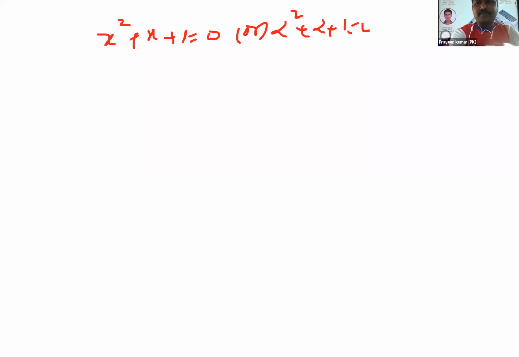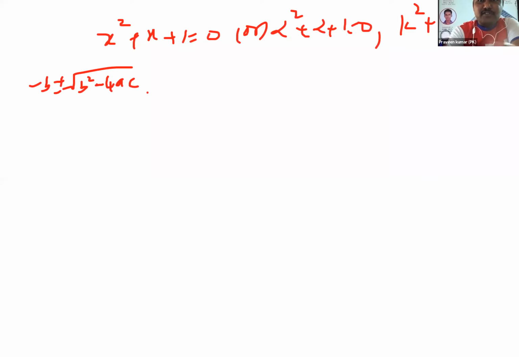What is cube roots of unity? Suppose x square plus x plus 1 equal to 0, or alpha square plus alpha plus 1 is 0, or k square plus k plus 1 is 0, anything. This is called cube roots of unity. Coefficient of x square is 1, coefficient of x is 1, and constant is also 1. We know the actual formula: minus b plus or minus root of b square minus 4ac by 2a.